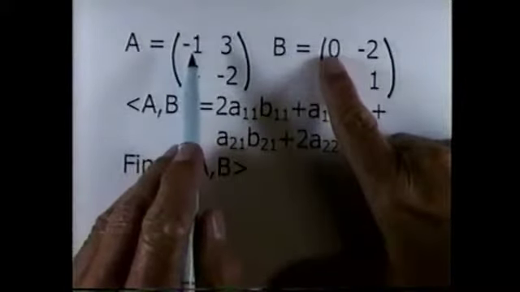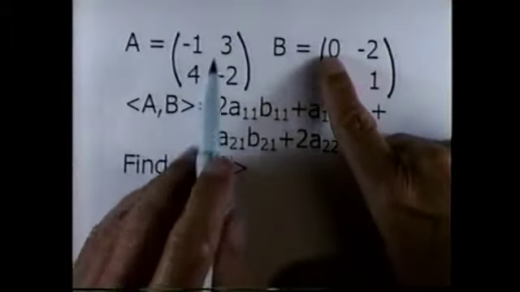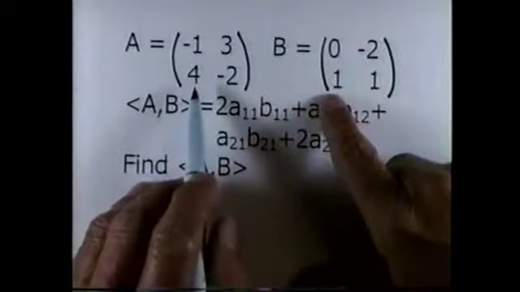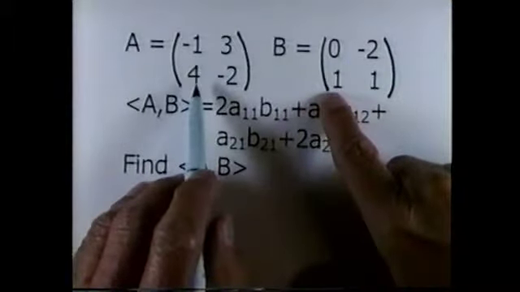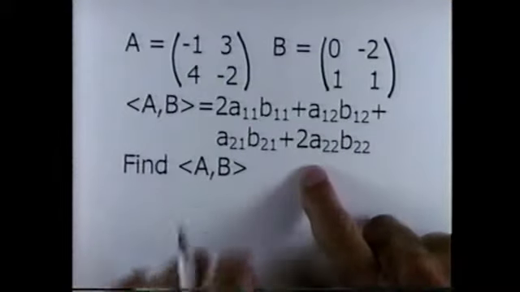For the components A11, B11, I'm multiplying and then multiplying that by 2. The inner ones I'm just multiplying together, 3 times -2, 4 times 1, and then the last one I'm again multiplying them and then multiplying by 2.